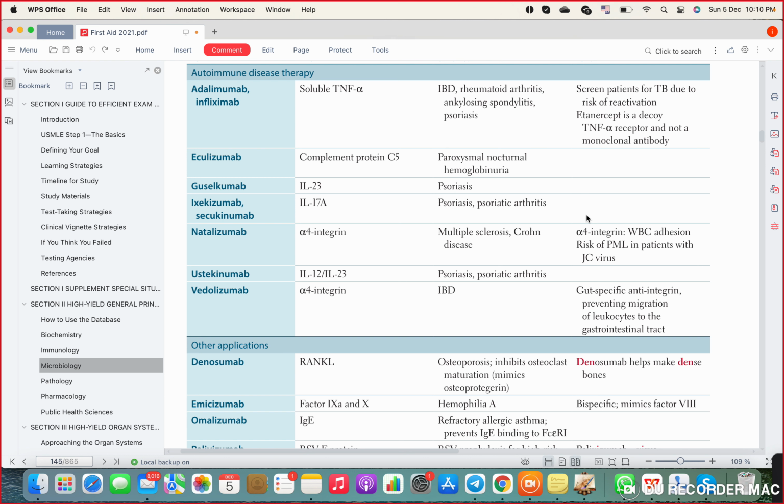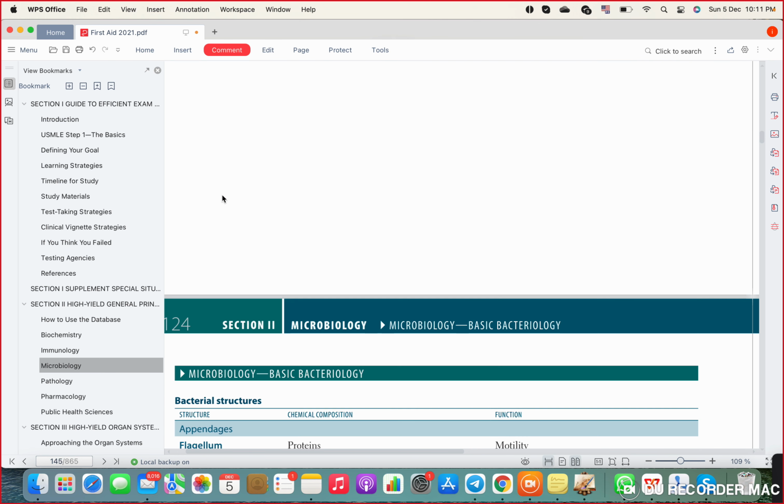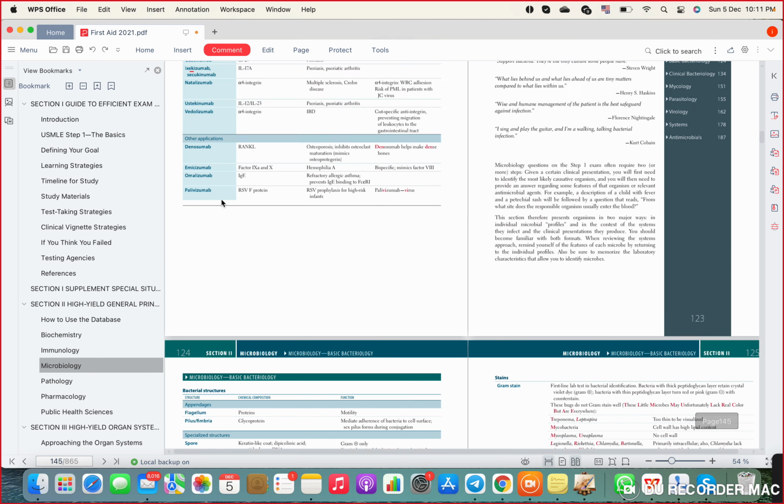PML is progressive multifocal leukoencephalopathy, caused by the JC virus. Also, you have the skin. Again, you see the kin, it's psoriasis. Look, kin. Yep, the next of kin.